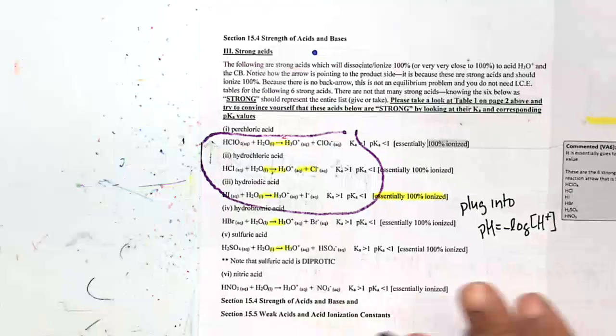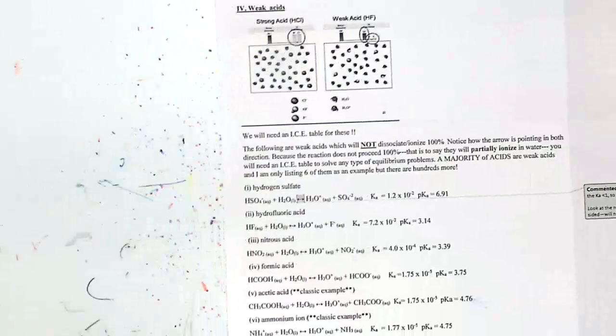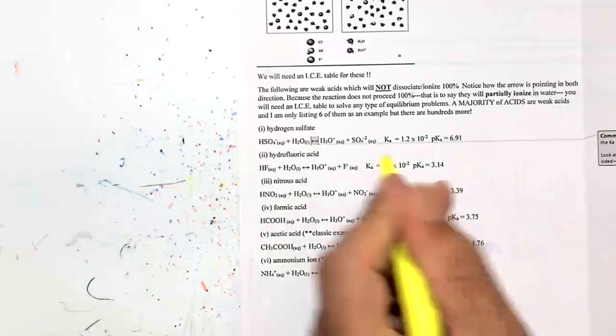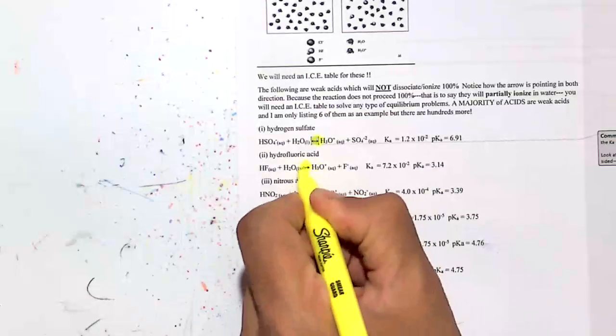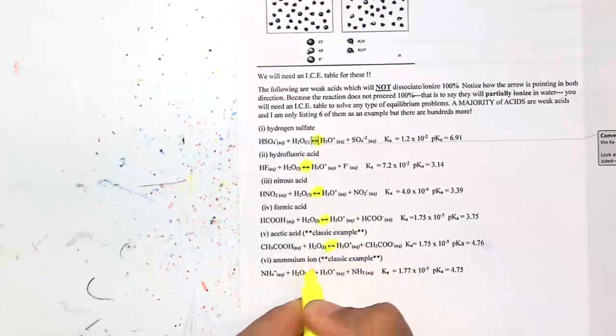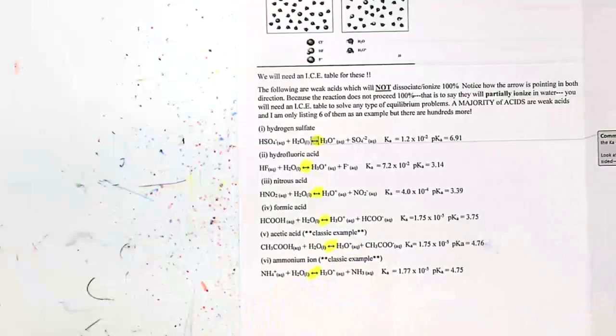All right, we'll contrast that with page 11, which is a small collection of weak acids. There are hundreds of acids, but if 6 are strong, the rest are weak. What are the arrows for these? The arrows go back and forth.